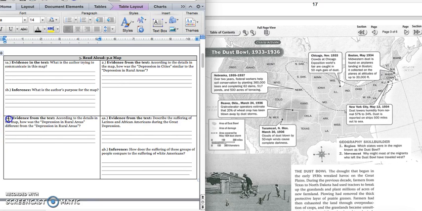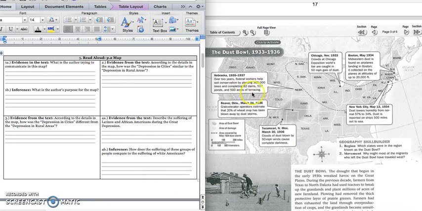There shouldn't be an A there. Also, this should say cities instead of rural areas, so you can cross that out. All right, 3 says, according to the details in the map, how is depression in cities different from depression in rural areas? Well, we can go back.